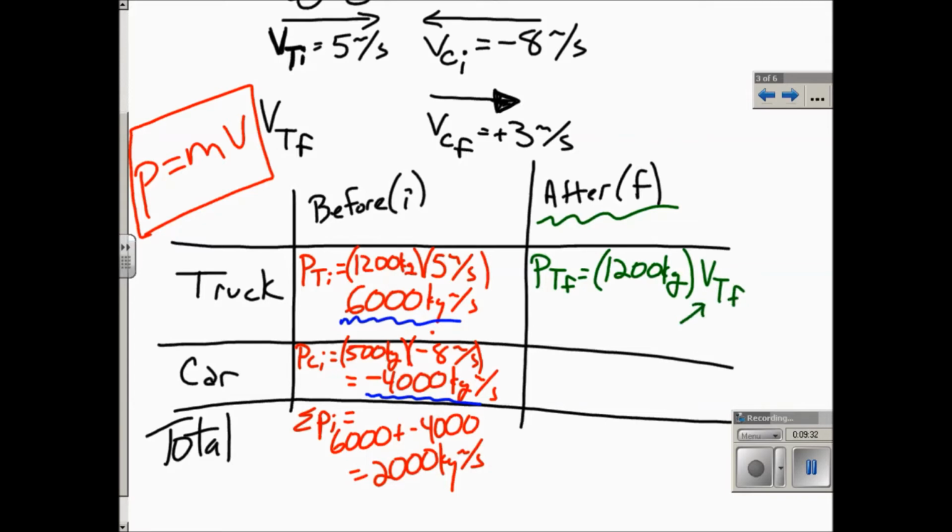So this is what I'm trying to find. All right? The momentum of the car I can find now. The momentum of the car final is just the mass of the car, 500 kilograms, times its velocity, 3 meters a second, and it gives me 1,500 kilogram meters per second, right?